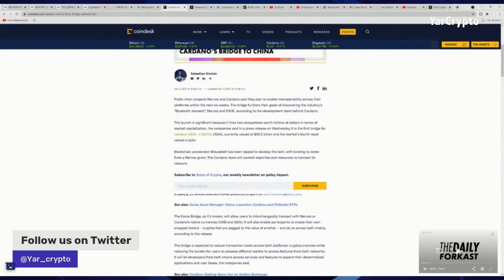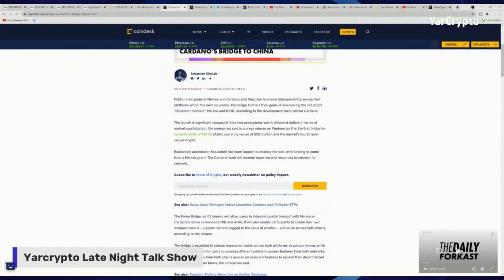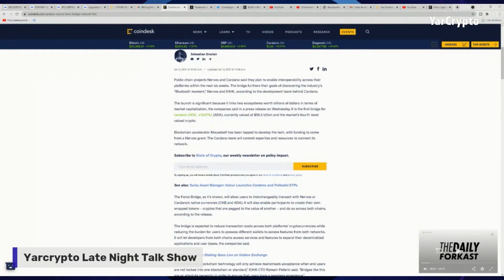So actually, if we can jump a little in this article, they say here that public chain projects Nervos and Cardano say they plan to enable interoperability across their platforms within the next 6 weeks. The bridge furthers their goals of discovering the industry's Bluetooth moment. Nervos and IOHK, which is Charles Hoskinson. So yeah, they're doing that.